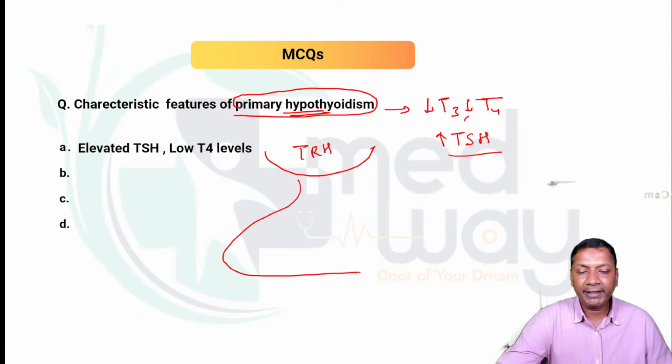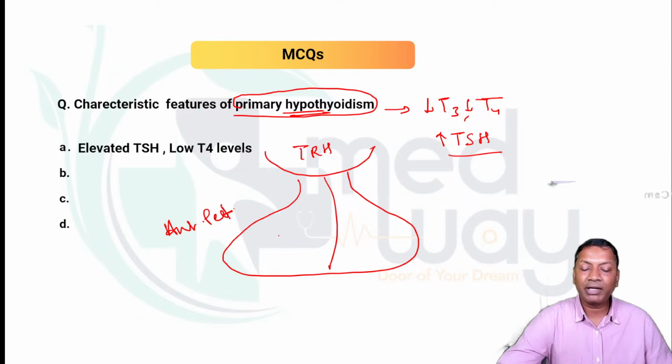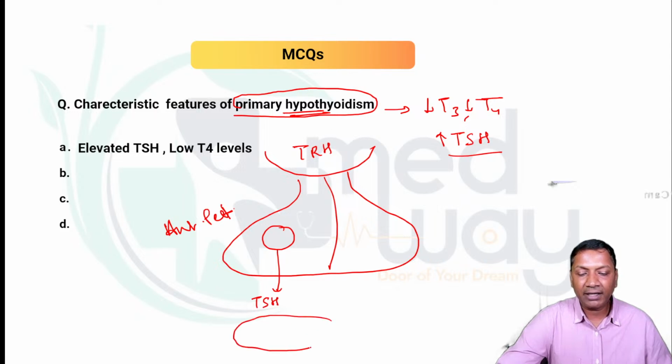This hormone TRH will act on the anterior pituitary, where the thyrotroph cells are there. These thyrotrophs will produce what? They will produce the hormone TSH, and this TSH will act on whom? It will act on the thyroid gland and help in the production of T3 and T4.